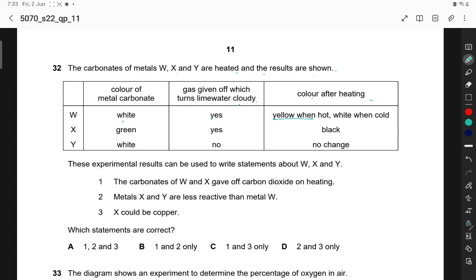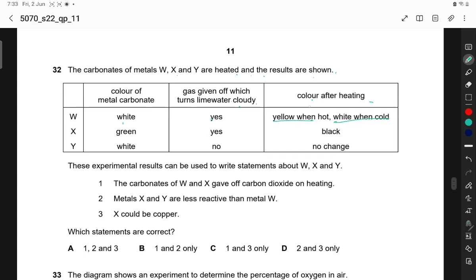Yellow when hot, white when cold. This is zinc oxide. X is green, this is for iron, and carbon dioxide, yes, and FeO.